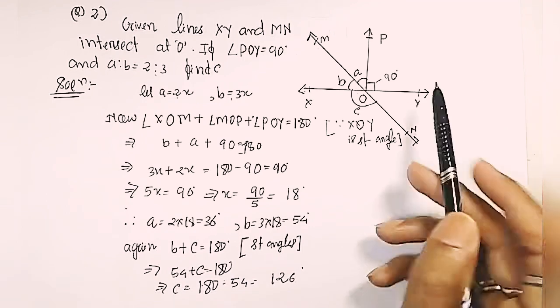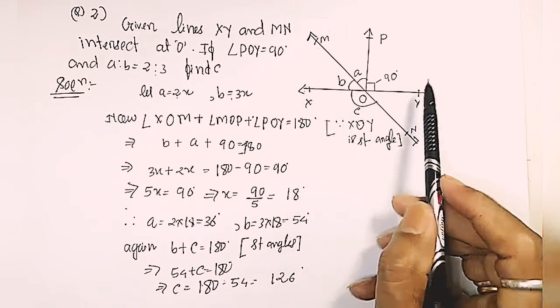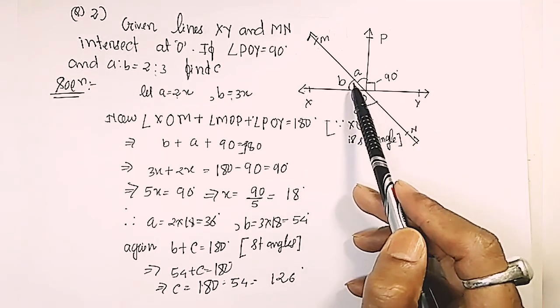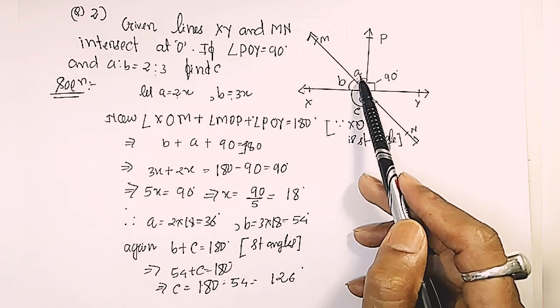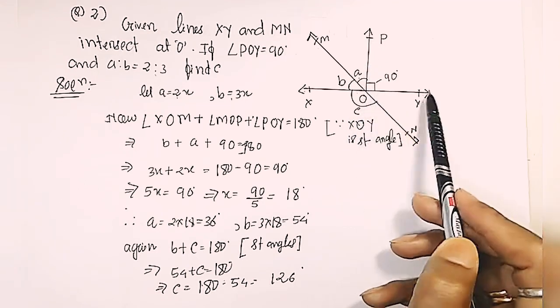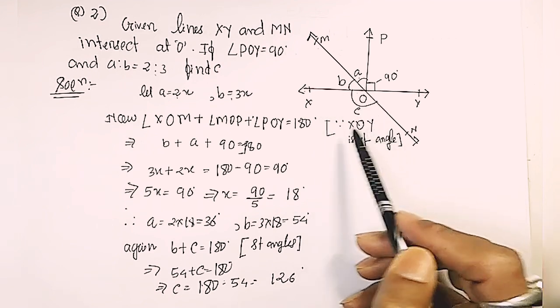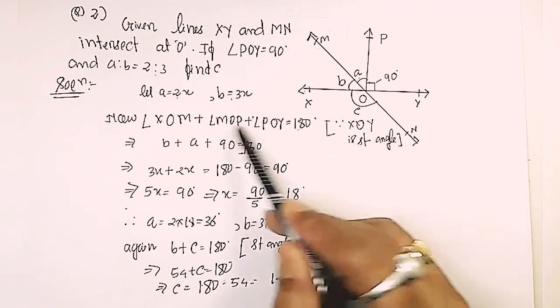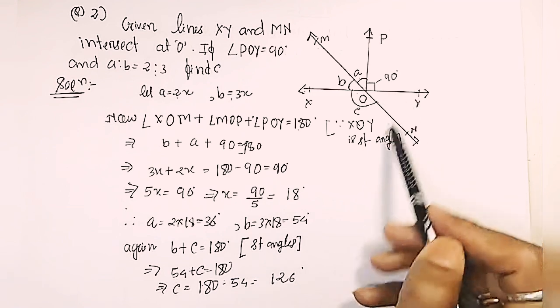And this straight angle is divided into three angles. First one is B, second one is A, and third one is POY. That's why it is 180 degrees. The sum is 180 degrees because XOY is a straight angle.